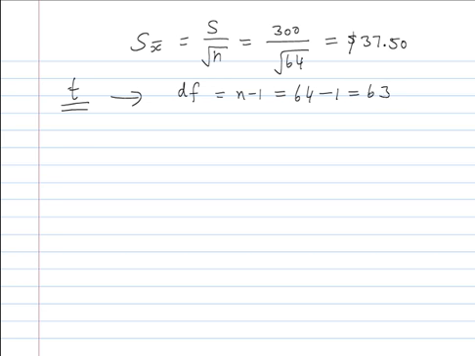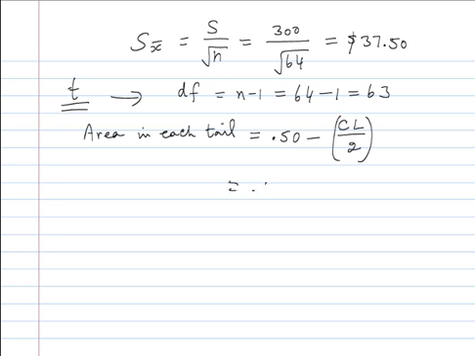And then also, we need to know area in each tail of the t-distribution. That's equal to 0.50 minus confidence level divided by 2.